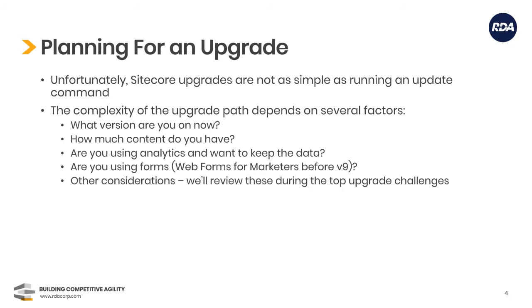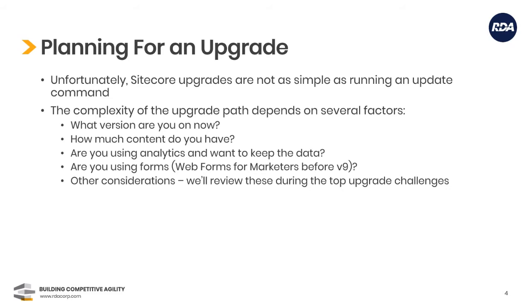So when we come in and we have a client that says we want to do an upgrade from Sitecore, whatever, to the latest version, we have to start with whatever your current version is and really get into what's installed, what packages are installed, how much content do you have, what does your code look like.